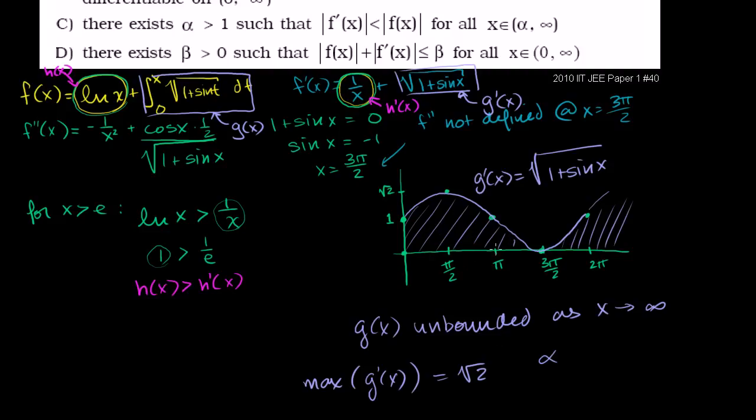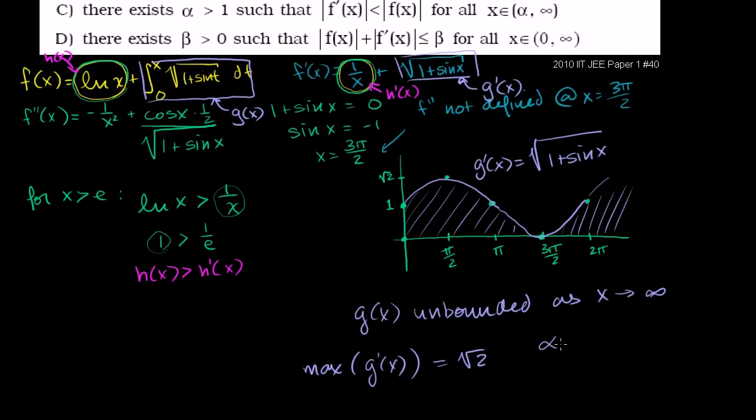After that alpha, clearly we could say at x equals 10, we definitely have a lot of area under this curve. The area is definitely bigger than the square root of 2. So let me just write it there, because we just need to find some boundary.